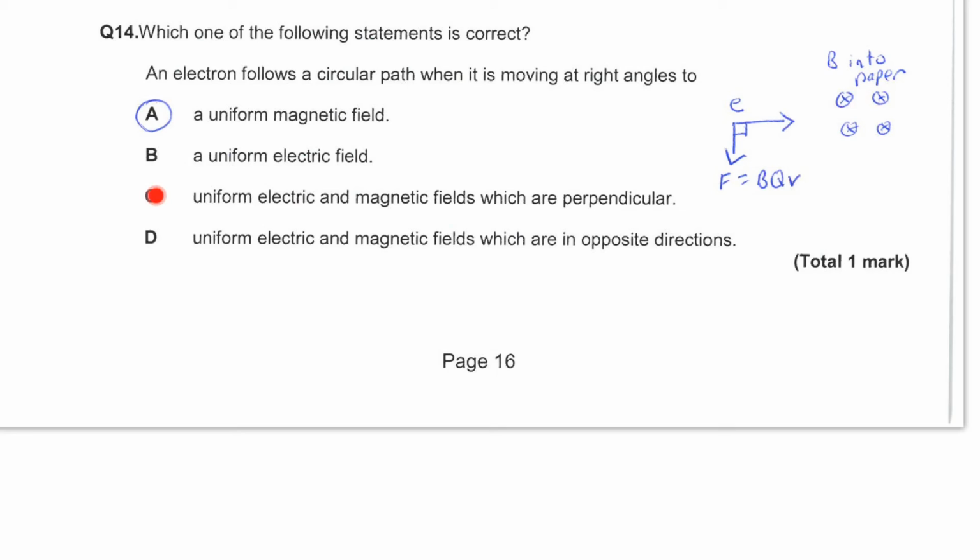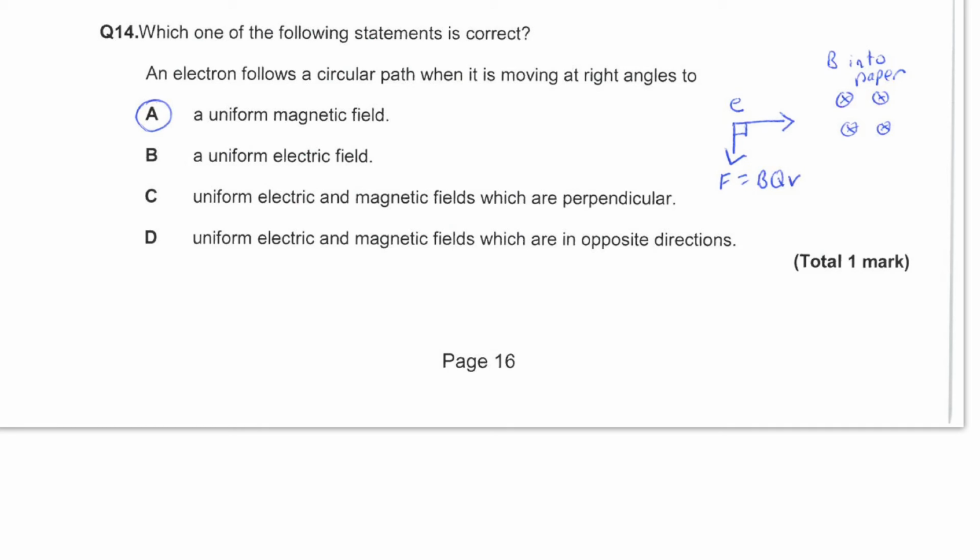The third example here talks about an electric and a magnetic field both acting together. That's an interesting case because it is possible to set up a situation where the force due to an electric field, which would equal charge times electric field strength, is equal and opposite to the force due to a magnetic field.